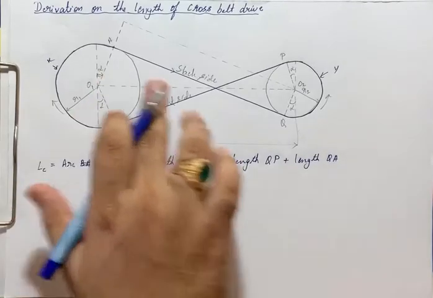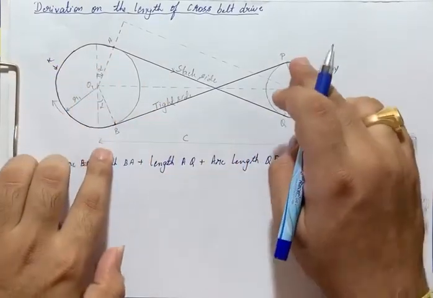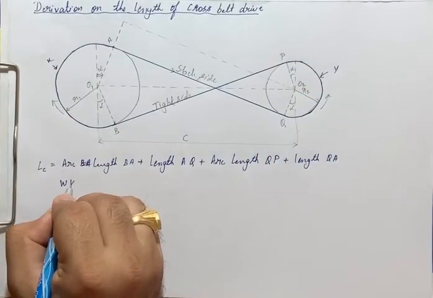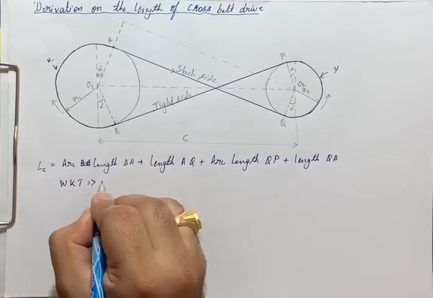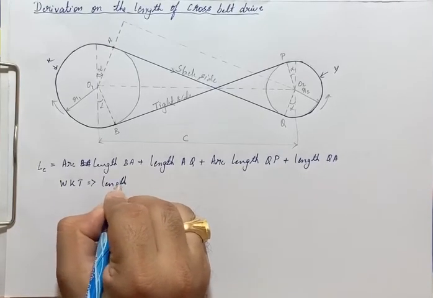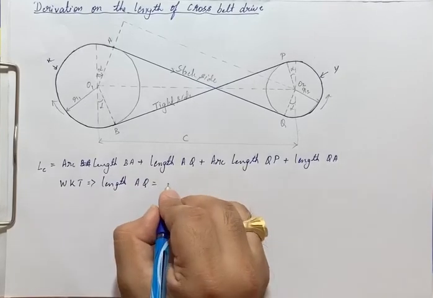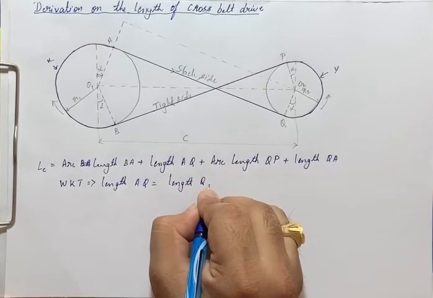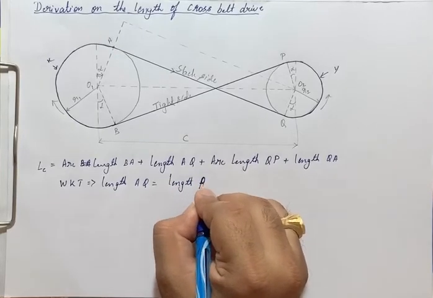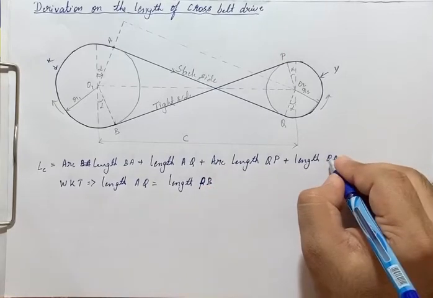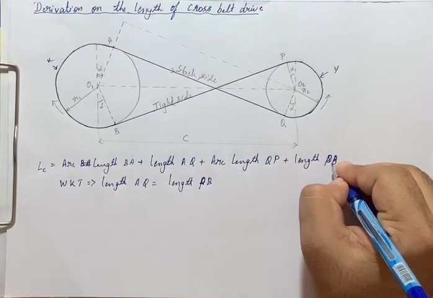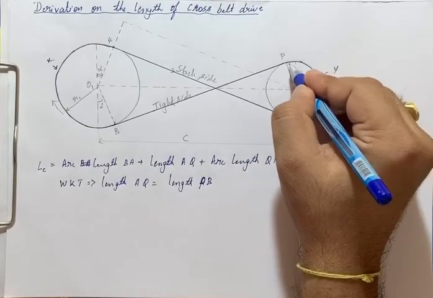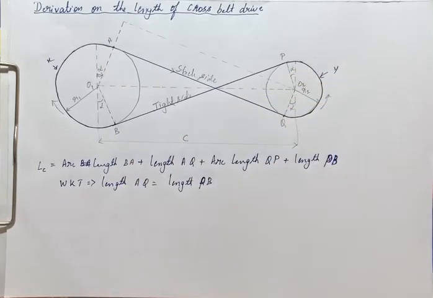From the geometry we can see that length AQ is equal to length PB. We have reached arc length QP and then length PB.